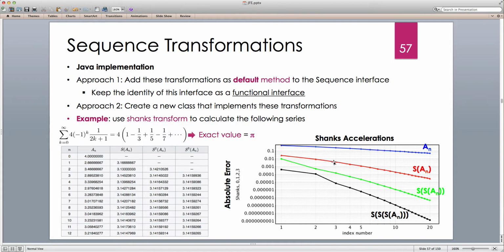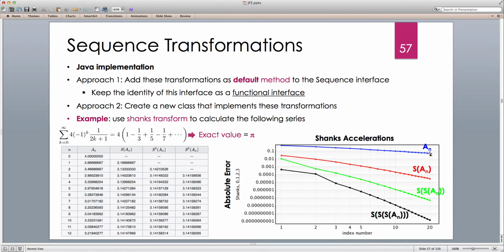And we looked at one particular example, which we already knew the exact solution. So the series was 4 times minus 1 to the k, 1 over 2k plus 1, and we summed it from 0 to infinity. And we plotted the error, basically the error of a partial sum with the exact value pi. And we summed up to 20 terms. And we saw that if we just sum this sequence by itself, the convergence is very, very slow.